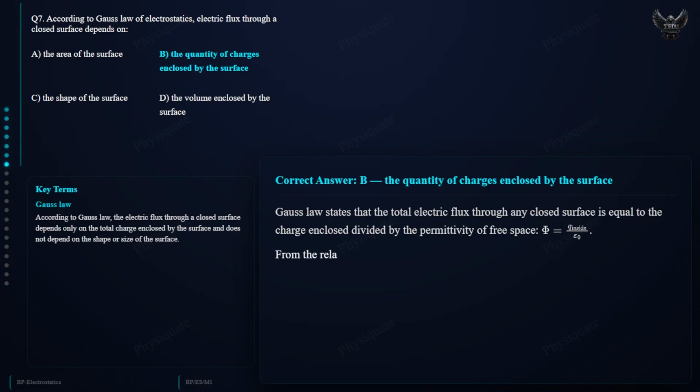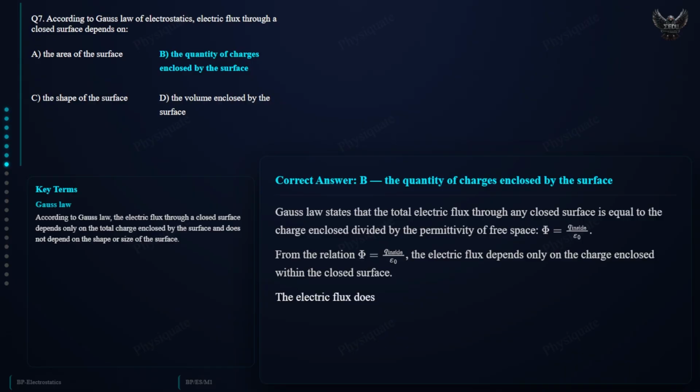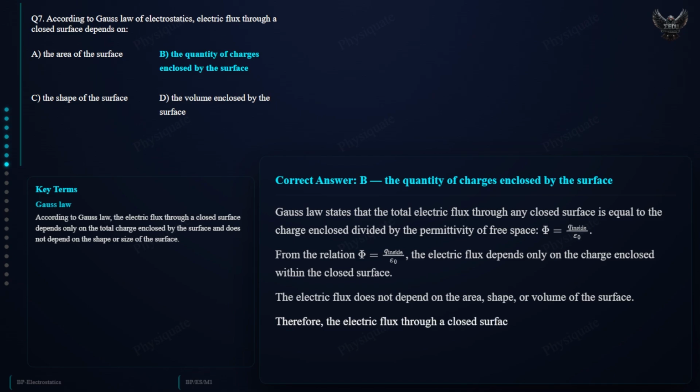From the relation phi equals q inside divided by epsilon 0, the electric flux depends only on the charge enclosed within the closed surface. The electric flux does not depend on the area, shape, or volume of the surface. Therefore, the electric flux through a closed surface depends only on the quantity of charge enclosed by that surface.